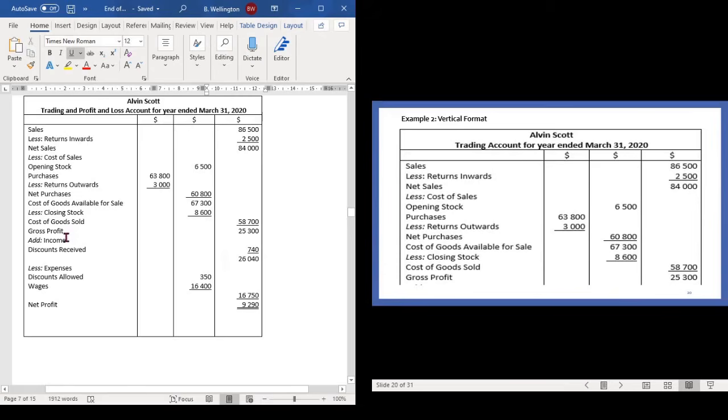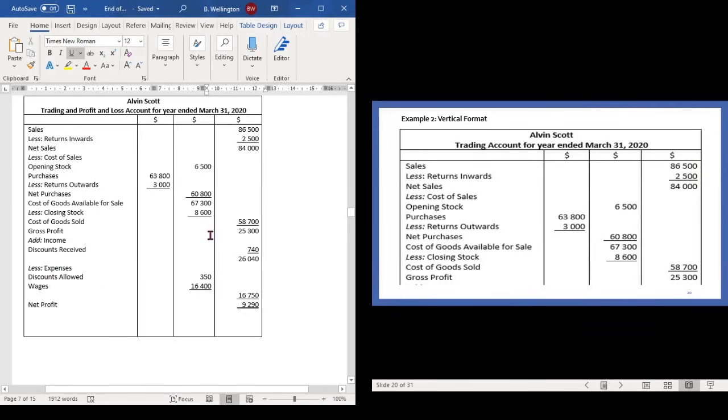Now, your trading and profit and loss account is really two accounts, with the trading account done first, followed by the profit and loss account. So the top part is your trading account, and the bottom part is your profit and loss account. This is where your profit and loss account would start.